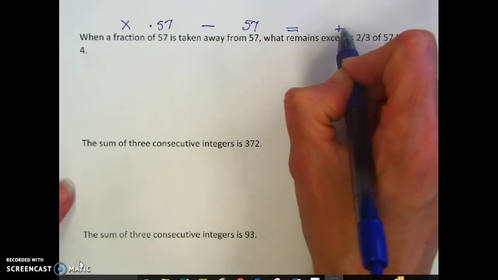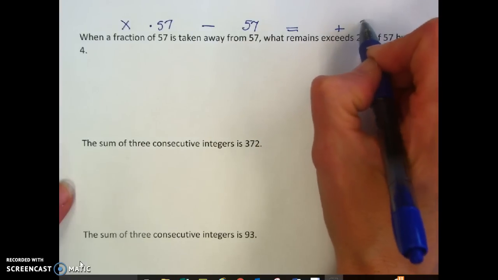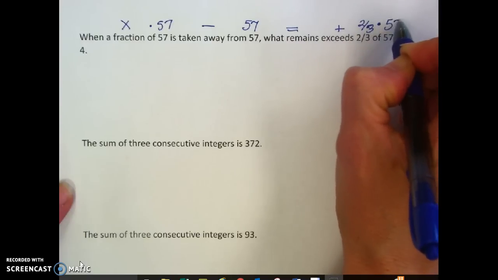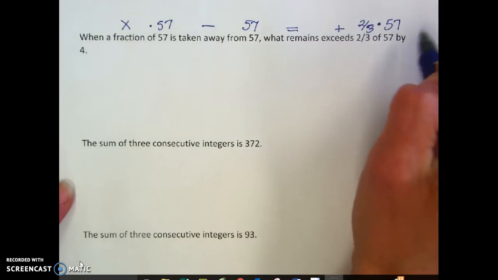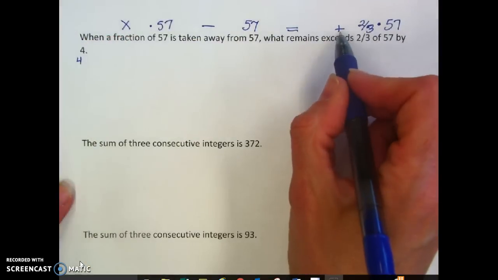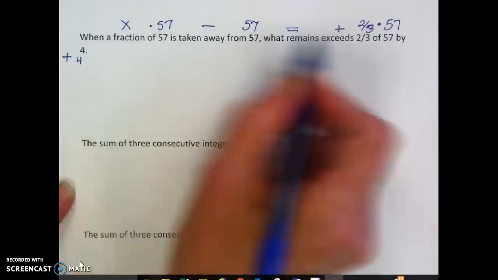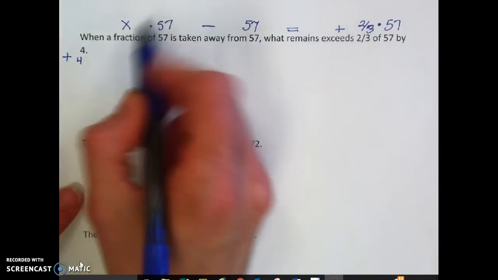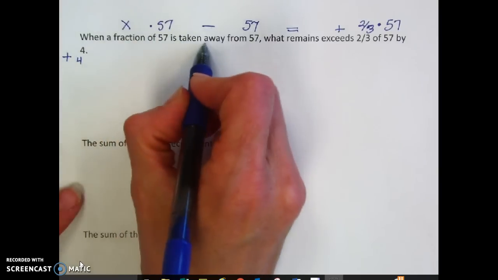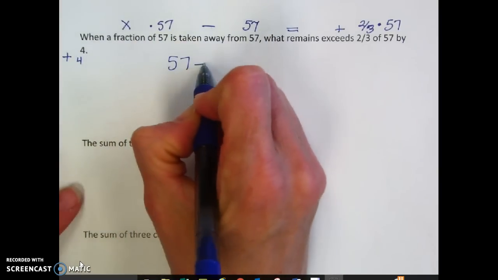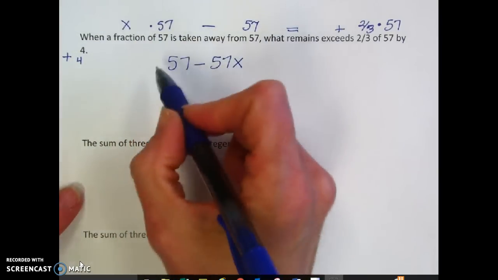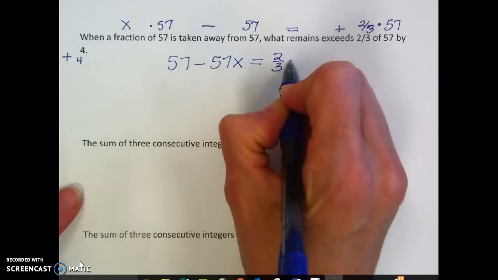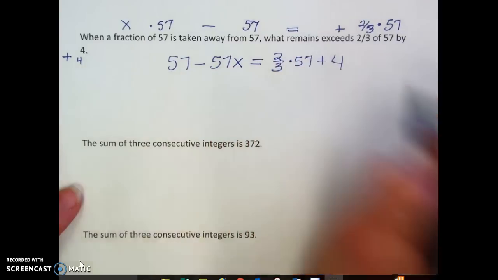Exceeds means it's more than, plus 2/3 of, so of is times 57 by 4. So it exceeds it by 4. This is where our plus sign is going to be, adding this 4. Again, we want to switch these because it says this is taken away from this. So we have 57 minus 57x, or x times 57, equals 2/3 times 57 plus 4.